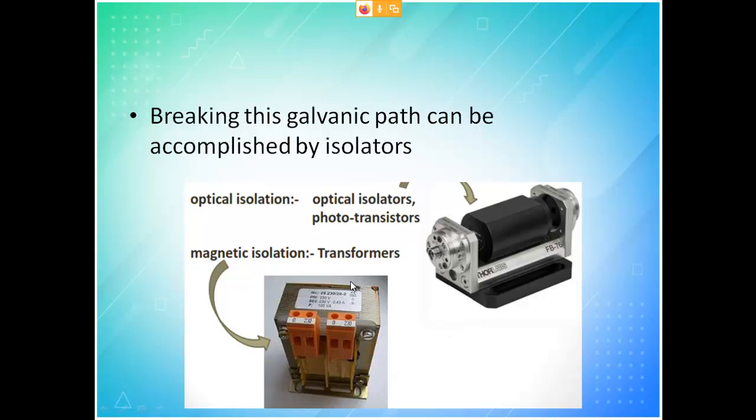You don't have any direct primary-secondary contact, but there is a 1:1 ratio, so what you connect on this side will be the same on the other, without any increase or decrease, no step up or step down. What you give on the primary will be on the secondary with the same turn ratio, but you provide isolation. I think you all know that in your transformer you have isolation between the primary and secondary.